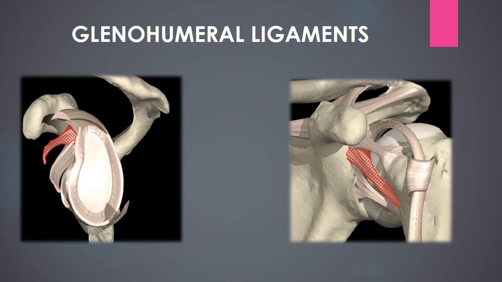So again, here they are, superior, middle, and inferior glenohumeral ligaments. And these are showing the ligaments with the capsule removed, so we get an indication of where these ligaments lie with respect to each other. So notice this provides only minimum resistance to anterior movement of the head of the humerus within the glenoid cavity.